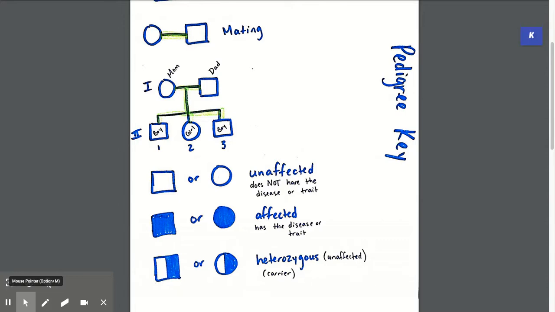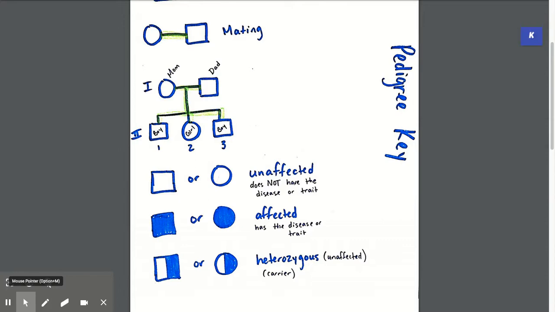In our last example here, and this is not always going to be shown, this is only in some pedigree charts, they may have a half filled in square or circle. And that half filled in square or circle means that that is an individual in the family that is known to be heterozygous, known to be a carrier for a disease or trait.